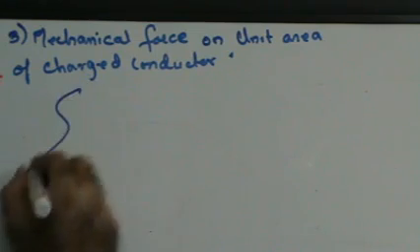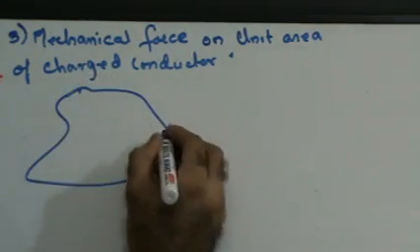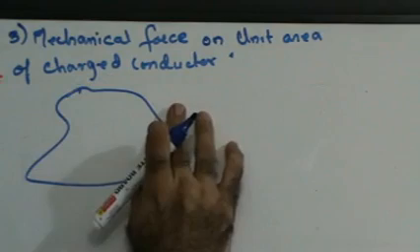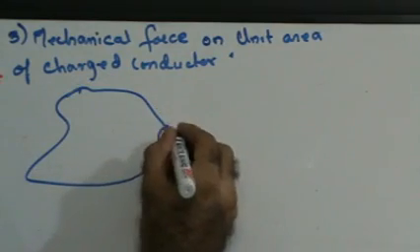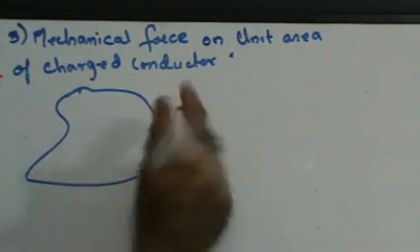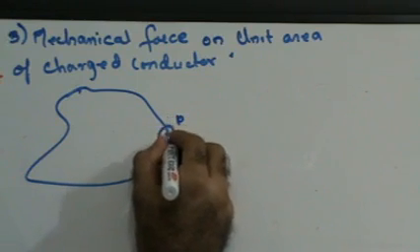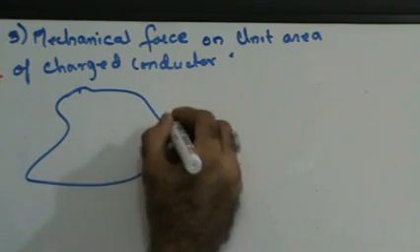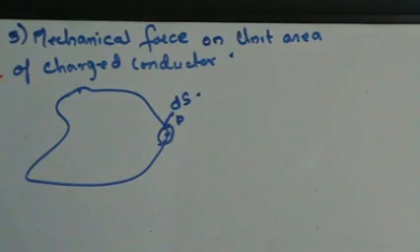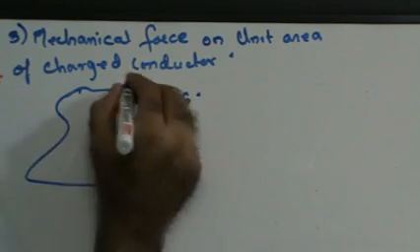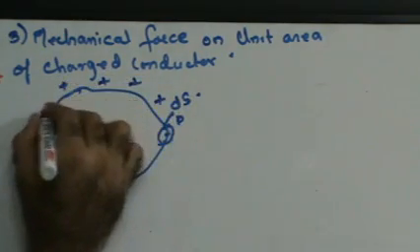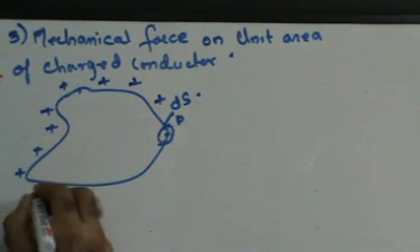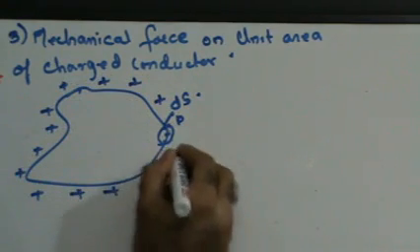Let's consider a conductor of any shape. Let us consider a point P on the conductor, and a small area ds around point P. Let's assume that there is positive charge on the conductor.